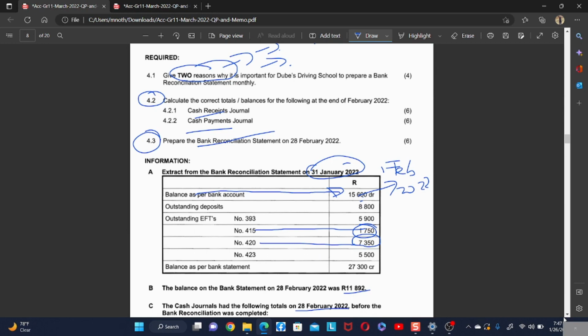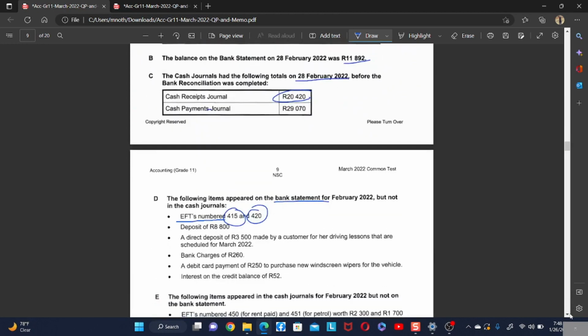Then once they appear in the bank statement in that month, it should be seen as if they are not recorded in the cash journals, while they were already recorded in the previous month cash journals. But you know that they were already recorded. So we don't record them anywhere.